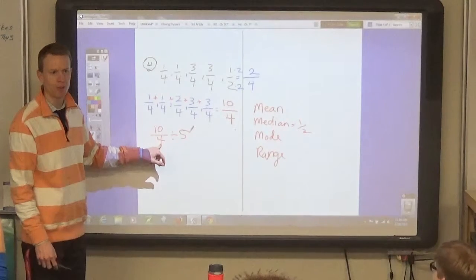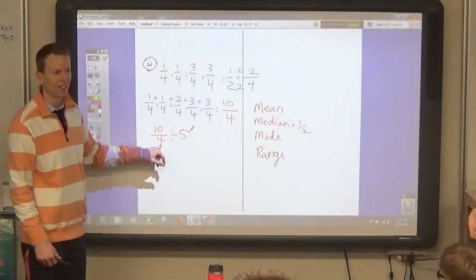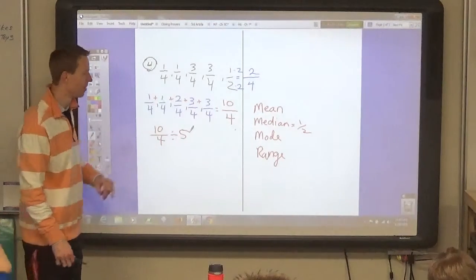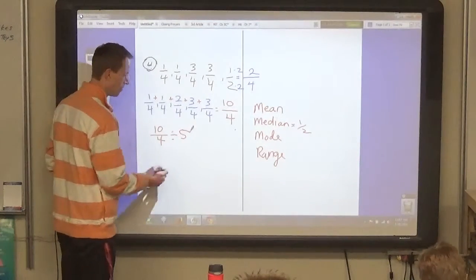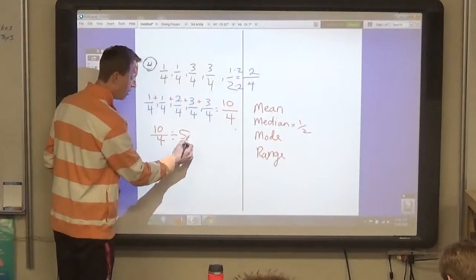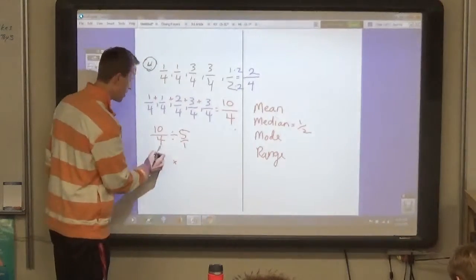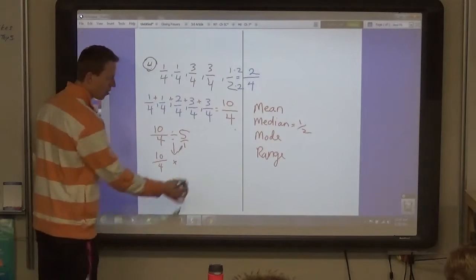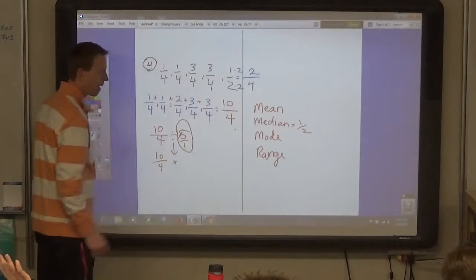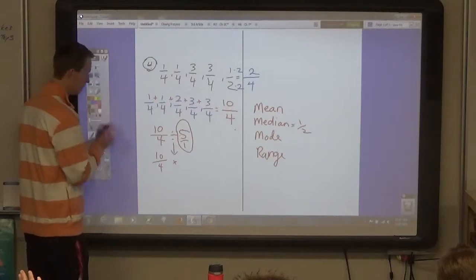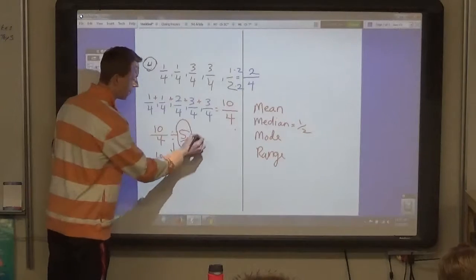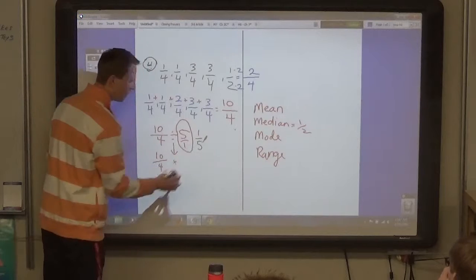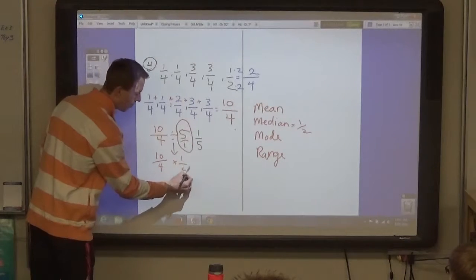Five, 6 people know. Oh, good. Liz? Good, you multiply it by the reciprocal. 10 fourths times, what's the reciprocal of 5? Ariana? 1 over 5. So you multiply this by 1 over 5.